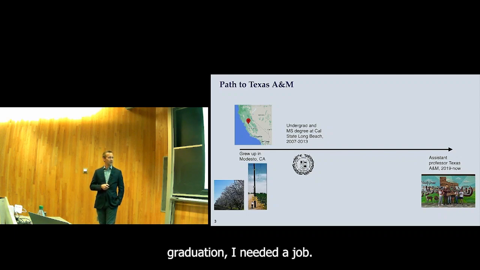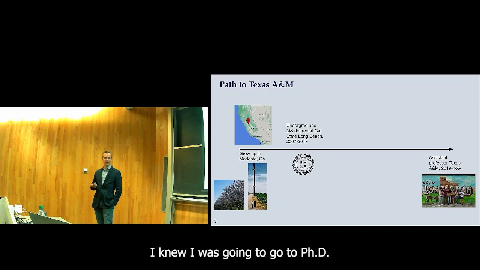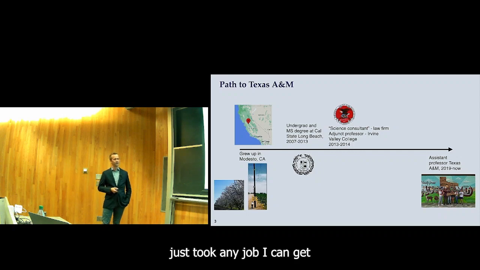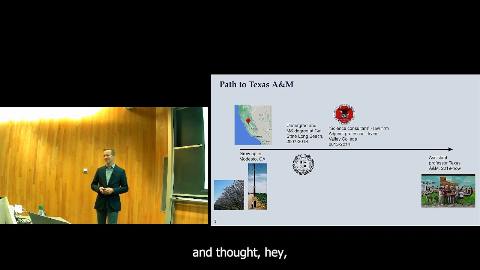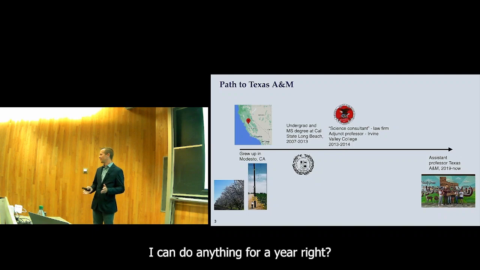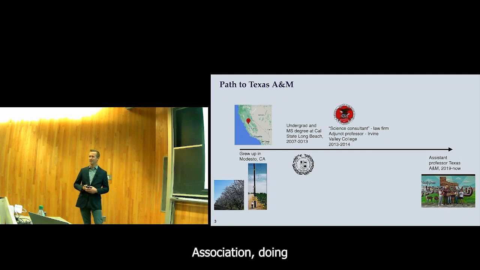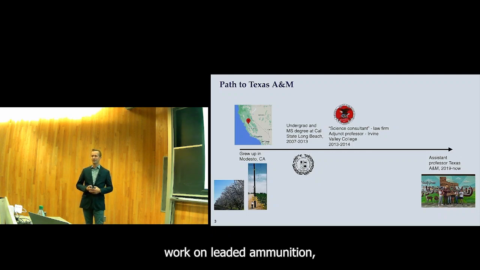Of course, after graduation, I needed a job. I knew I was going to go to PhD school, but needed to stay in town for a year, and so I just took any job I could get, and thought, hey, I can do anything for a year, right? But the job I ended up getting was a quote-unquote science consultant for this law firm, and the law firm was actually representing the National Rifle Association, doing work on leaded ammunition contamination, and I was wrong.